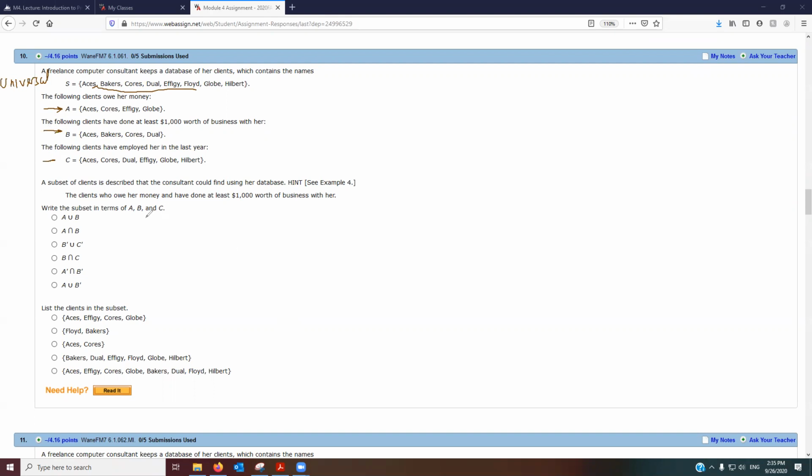All right, well, here's what we want to do. Come up with a subset of clients based on this description. It's the clients who owe her money and have done at least $1,000 of business with her. Let's relate it back to the sets they gave us.